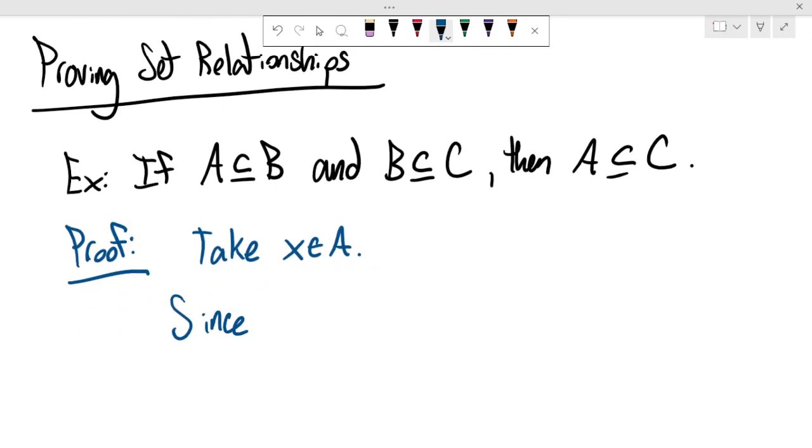Since A is in B, x is in B, right, by the definition.